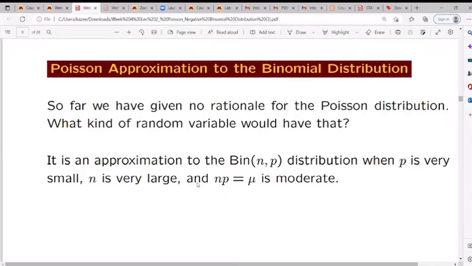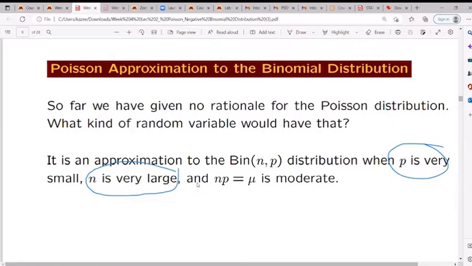What I'm trying to say now, we can actually derive Poisson distribution from binomial distribution, but I'm going to tell you the condition under which that can happen. Of course, the condition is the situation where the n is very, very large and the probability of getting success is very, very small.